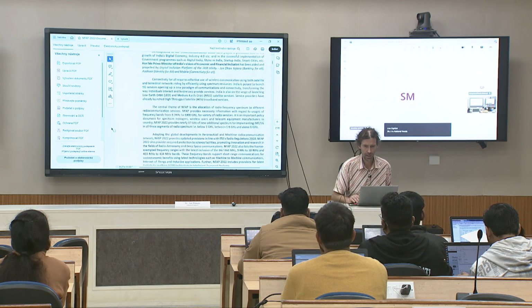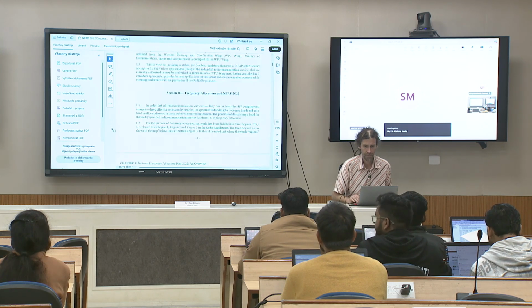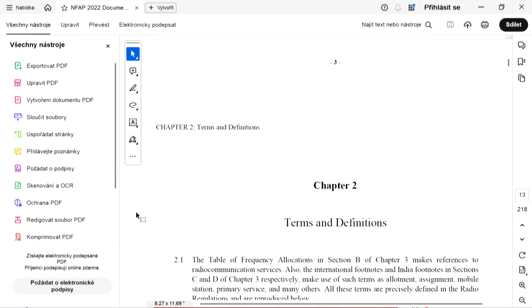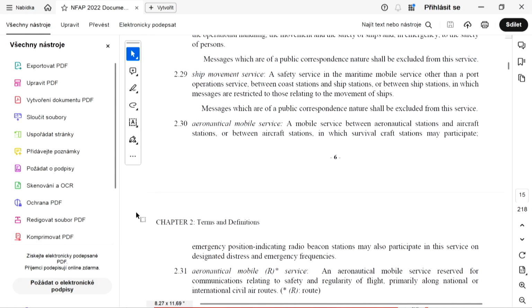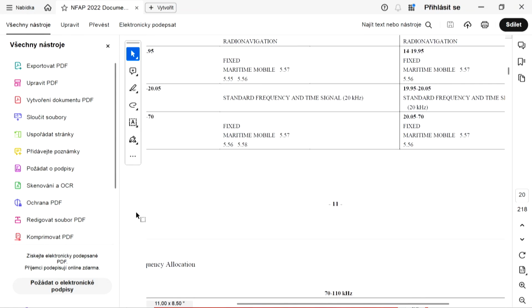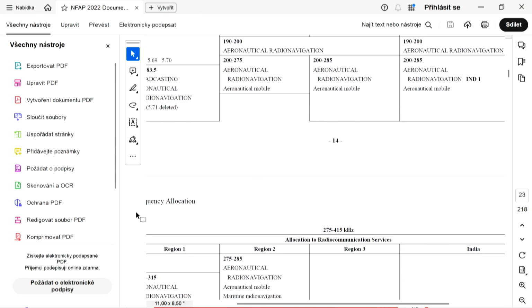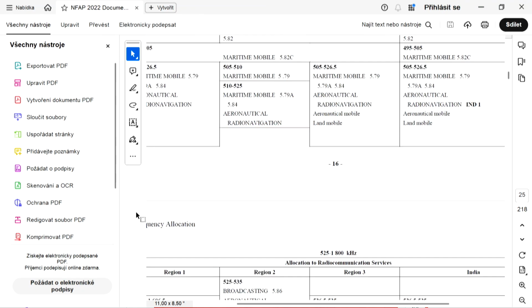So I will go down. You can see there is a division into some regions. You are in region 3, and this is some general things. Okay, and now you can see this allocation table.